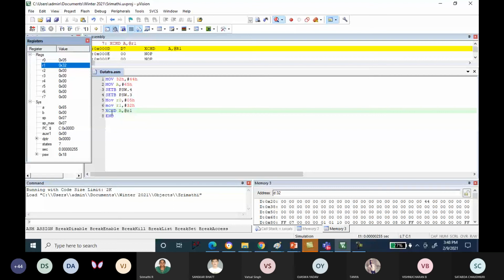So we are going to exchange only the lower nibble of A, which is nothing but 5, with the value that R1 is pointing to. What is that R1 is pointing to? R1 is 32H. What is in 32H? 44H. So after executing this instruction, what should be your A?